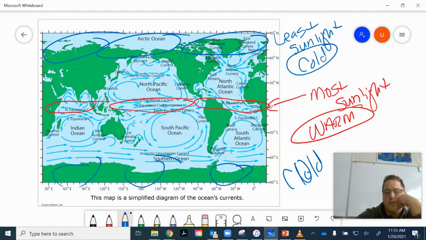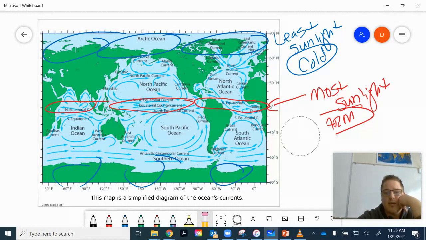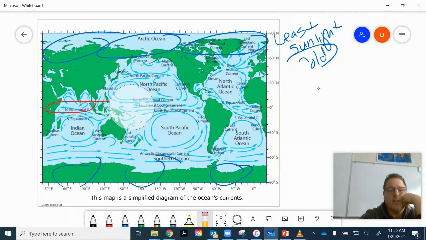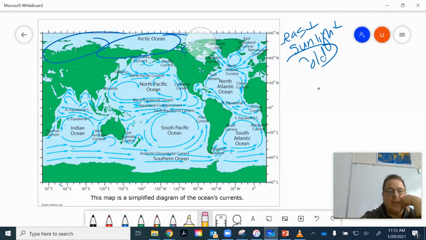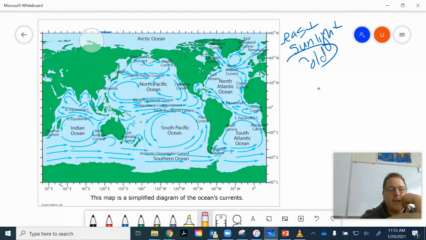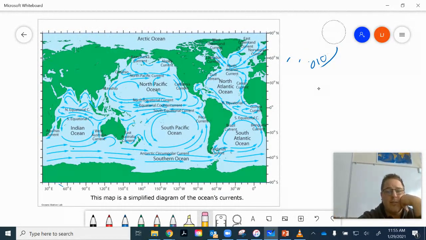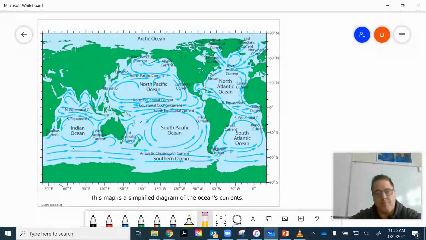Well, with that cold area and that warm area, this is going to affect the ocean temperature as well. So at our mid latitudes here, or the equator, it's going to be relatively warm. And so what you're going to see is this.